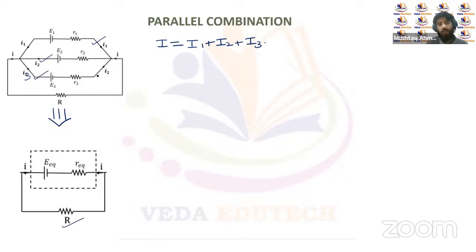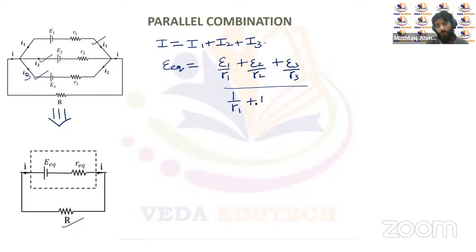The equivalent EMF in a parallel combination of cells is given by E equivalent equal to E1 upon R1, where R1 is the internal resistance of a battery of EMF E1, plus E2 upon R2 plus E3 upon R3, divided by 1 upon R1 plus 1 upon R2 plus 1 upon R3.